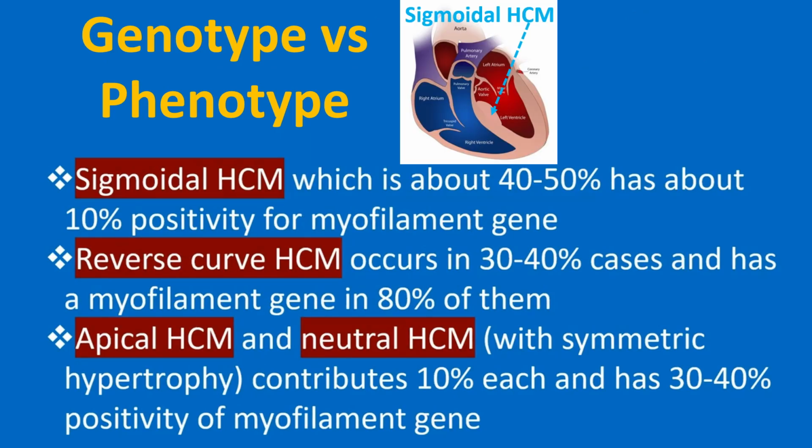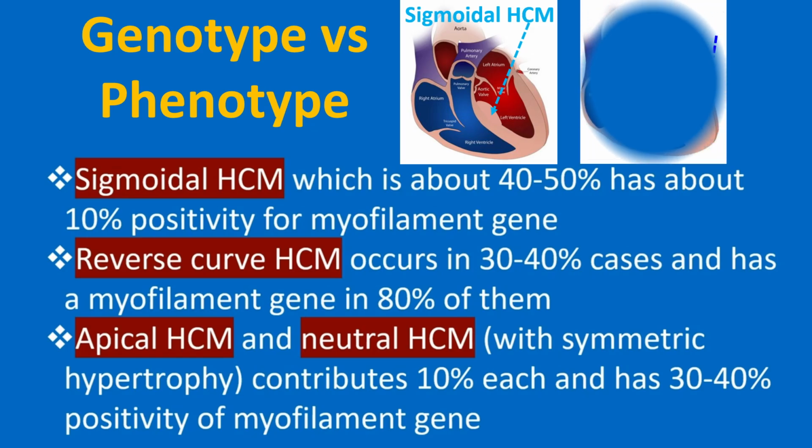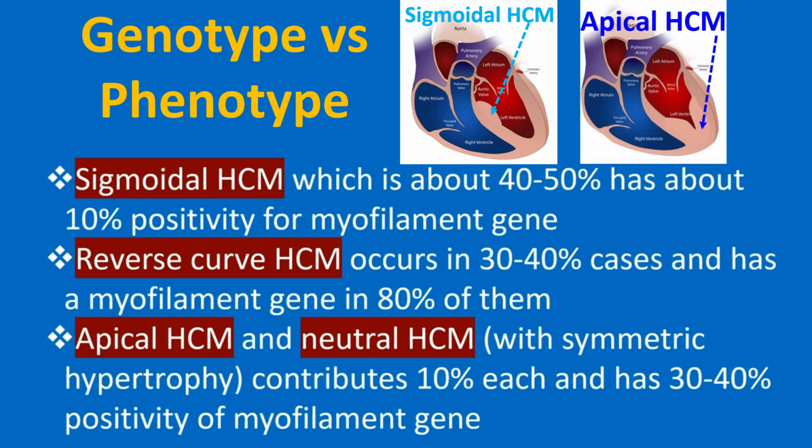Sigmoidal HCM, which is about 40 to 50%, has about 10% positivity for myofilament gene. Reverse curve HCM occurs in 30 to 40% of cases and has a myofilament gene in 80% of them. Apical HCM and neutral HCM with symmetric hypertrophy contribute 10% each and have 30 to 40% positivity of myofilament gene.